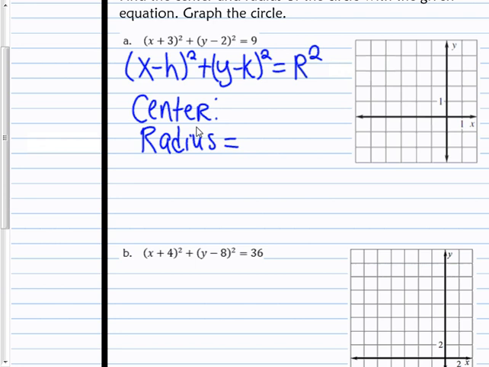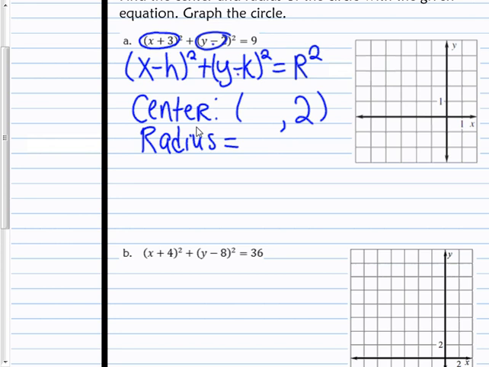So I see that we have a positive 3 and we have a 2. If I look here, this is x plus 3, and the original equation is x minus h, and this is y minus 2, which is y minus k. So the y-coordinate of the center is definitely 2. They plugged in a 2 because the negative sign stayed negative.